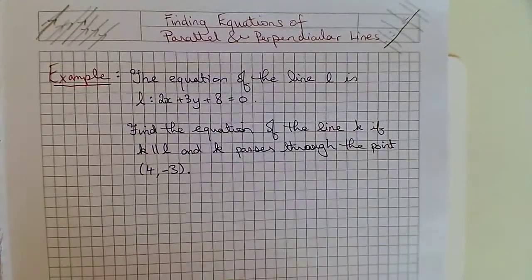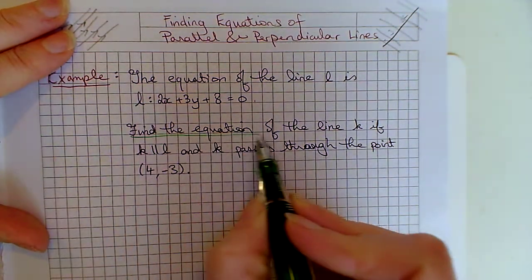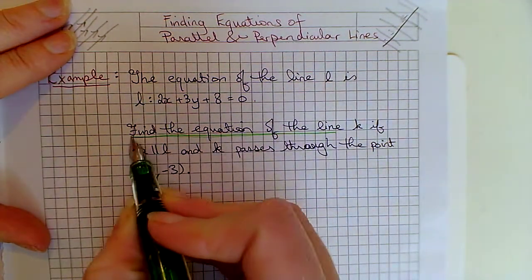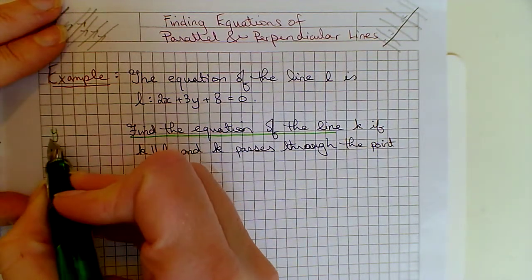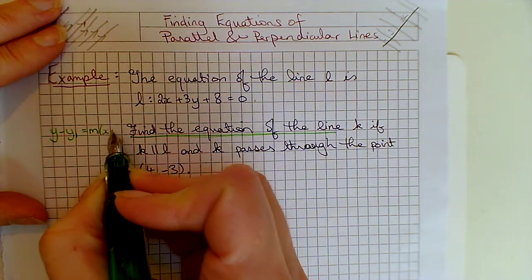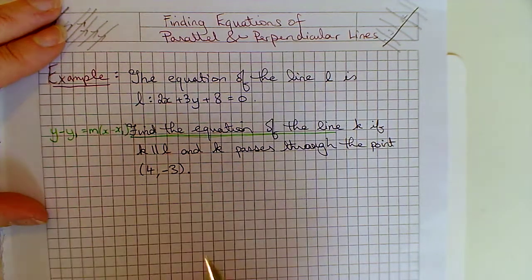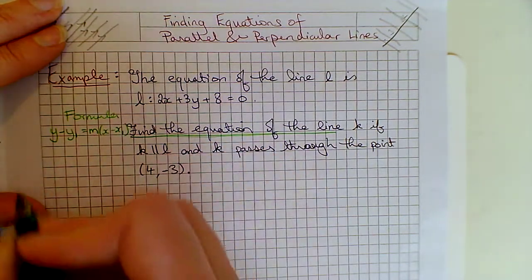Okay, the other thing is when we're ever asked for the equation of a line, so if you see equation of a line in a question, what are they actually asking you to do? They're asking you to use the formula y minus y1 equals m by x minus x1. So you're going to use that formula, but that formula needs two things.